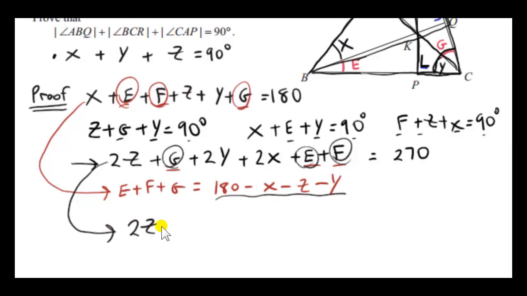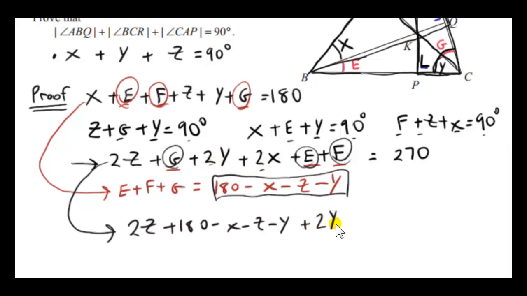So I'll write this thing out now. Okay, that's instead of the G plus E plus F. This thing has gone in and we're left with 2y plus 2x. That's equal to 270. See, we have an equation just involving x, y and z. That's what we're after. We want to prove this thing up here. So hopefully this equation will lead to this one up here.